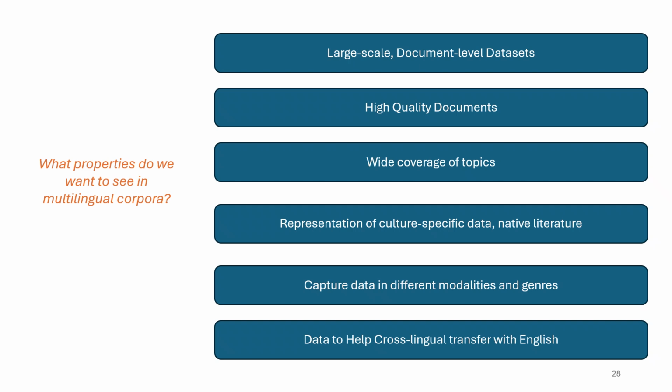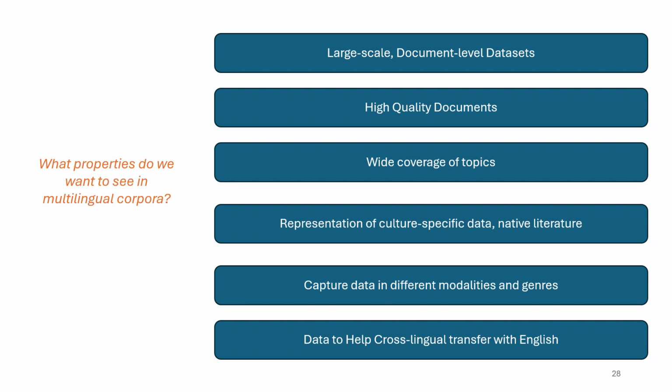We need to capture data from different modalities and genres, because a lot of data for many languages might not even be available in textual format. Maybe they are in audio format. Maybe they are not in HTML but in PDF. Can we capture data from these different modalities so that the data is much richer and diverse?